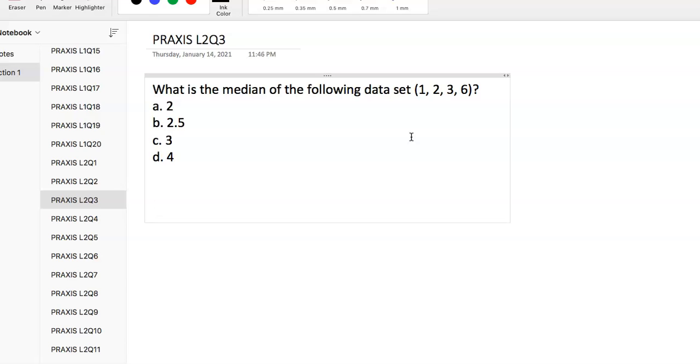If it's odd, then you just pick directly the middle number and you're done. But when it's an even set, you take the 2 numbers that are in the middle. In this case, 2 and 3 are both in the middle, and you add them up and you divide by 2.